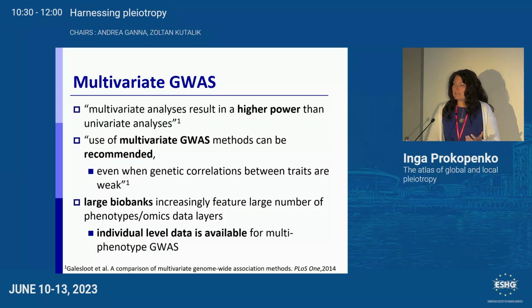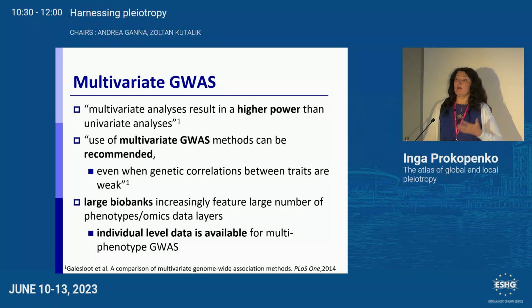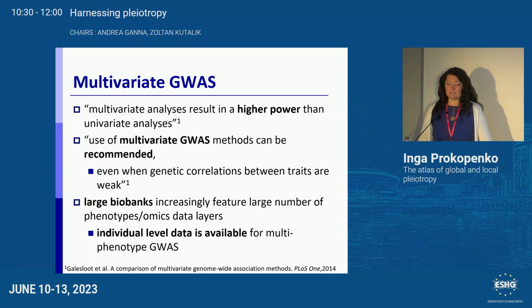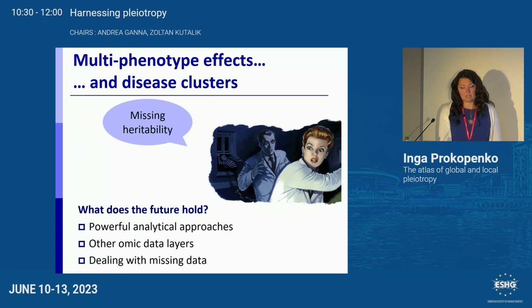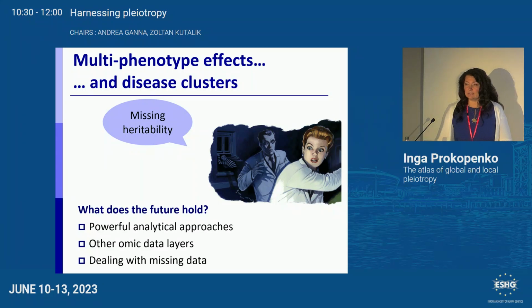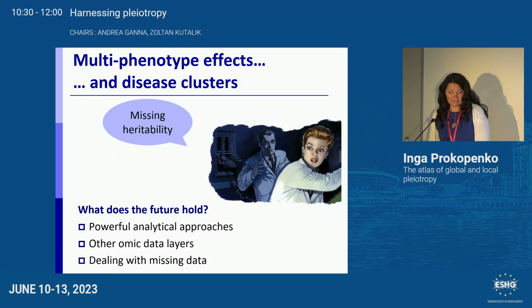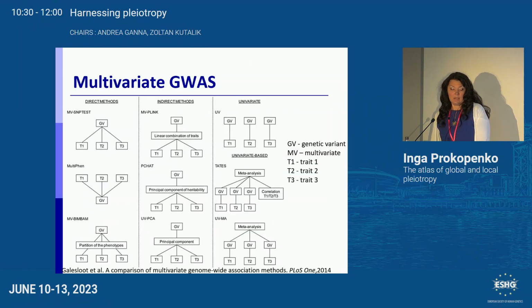And many examples which we are making today are making use of large biobanks which feature a variety of phenotypes measured for many individuals at the same time or for the same individual at different time points. And this is actually brilliant. It enables a lot of exploration of phenotypic variability, and we can also address the potentially still existing missing heritability question.